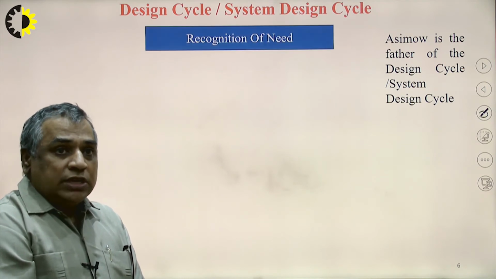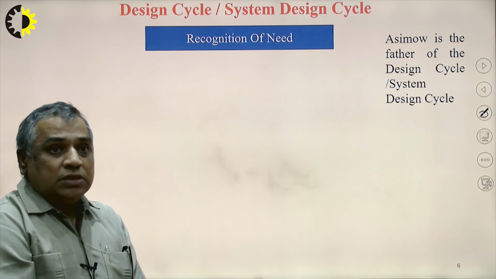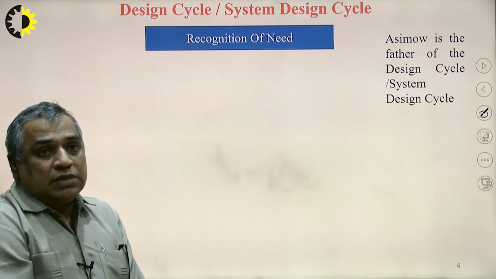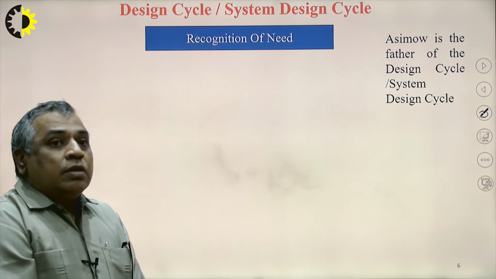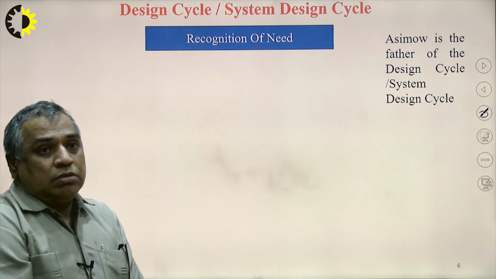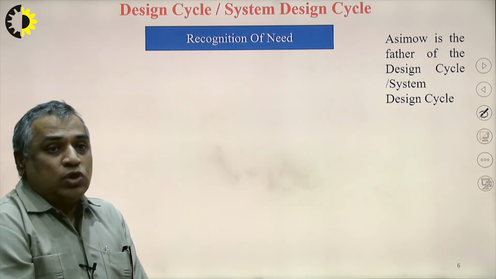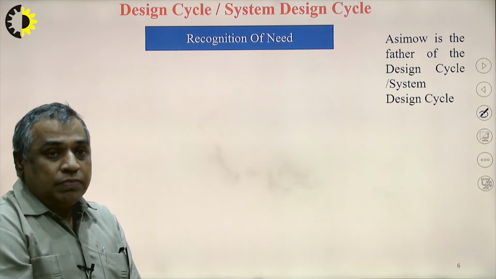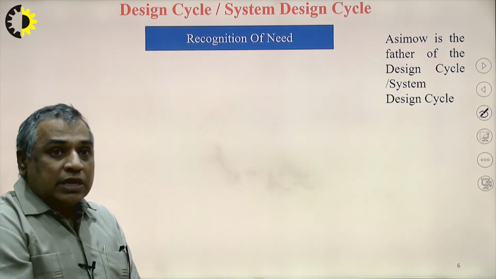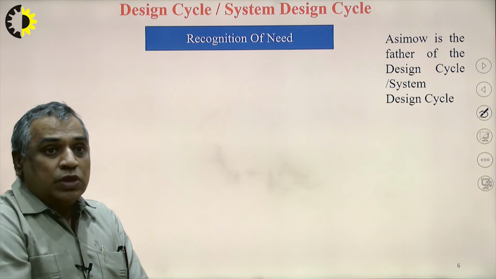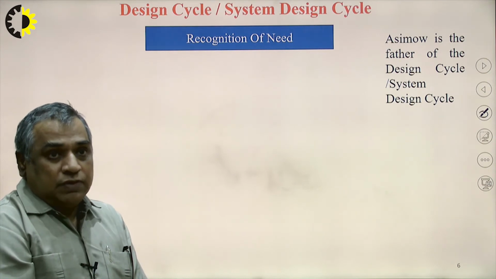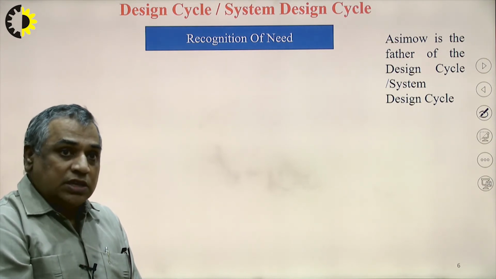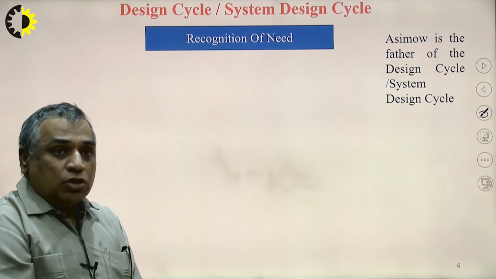This cycle starts with the recognition of need. Recognition of need means, if I am sitting in a room and I feel suffocated, there may be some reasons for the suffocation. Maybe this is an air conditioned room and electricity is not there, or the air conditioning is not working. Maybe the room has windows and doors, there is no air conditioning, but the windows and doors are closed. So in recognition of need, I ask why I am getting the suffocation, and to overcome this problem I should find a solution, like opening the window or the door, or making sure the air conditioner is on.